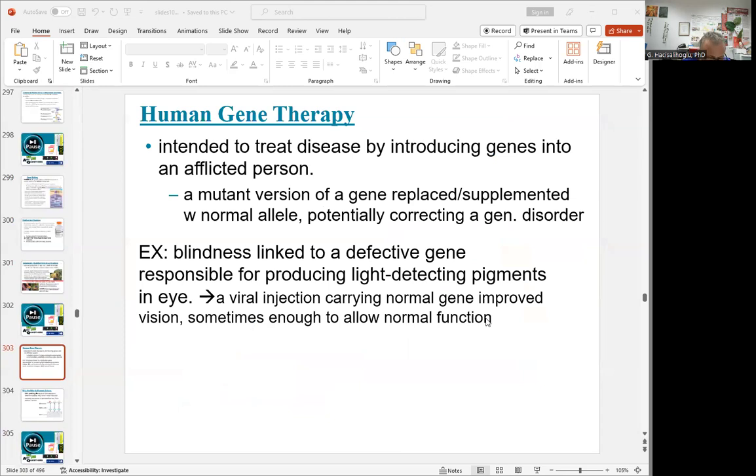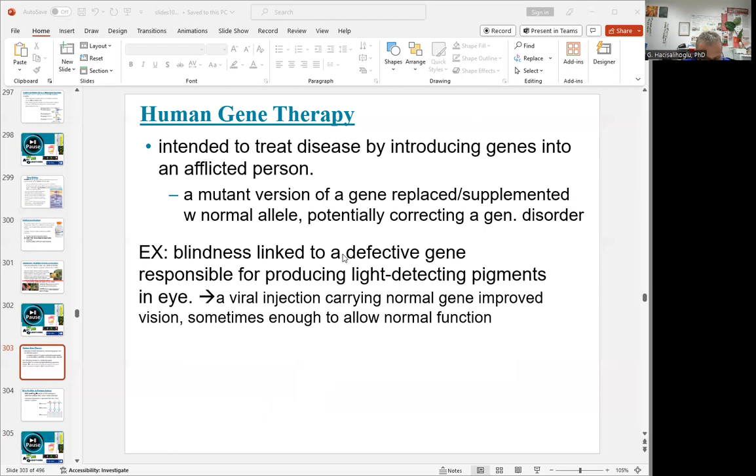Human gene therapy, or gene therapy in short, is also a DNA technique, a very selective technique that uses maybe a normal gene inserted into a human to treat a specific disease. Well, it's in clinical trial. So this technique, unlike a lot of other techniques, is very, very selective.